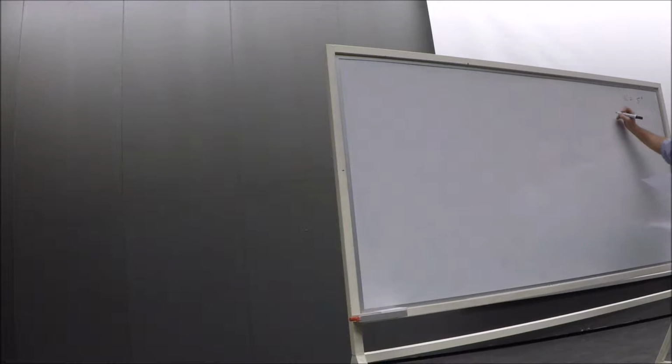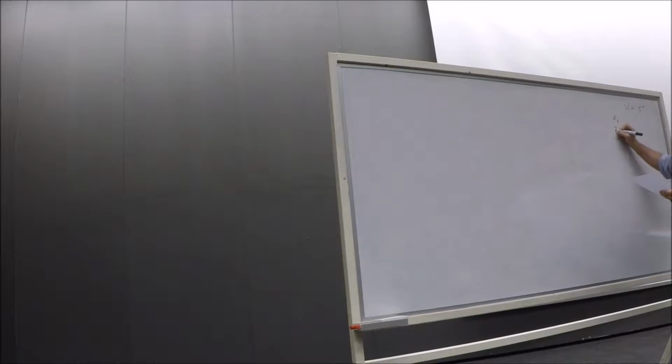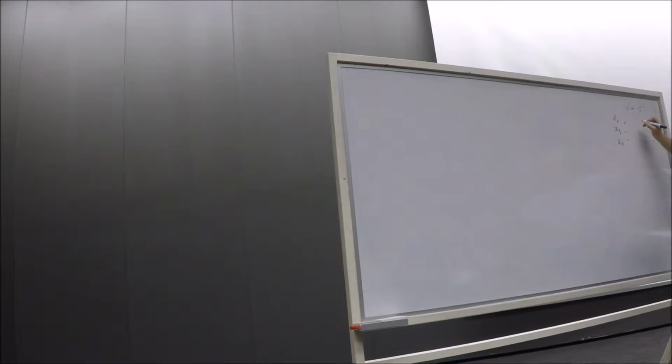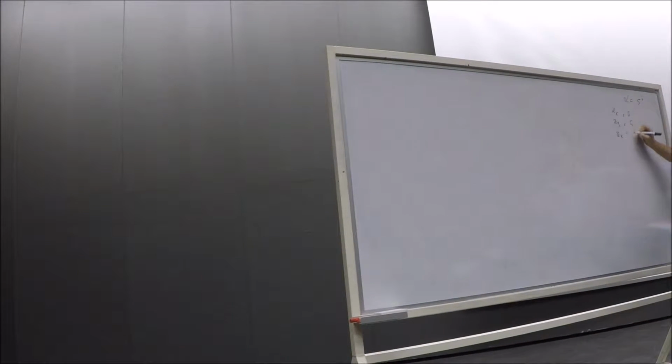So, AX, AY, AZ are equal to 0, 5, minus 3. P, Q, R are the angular velocities. They're equal to minus 1, 2, 3.5.